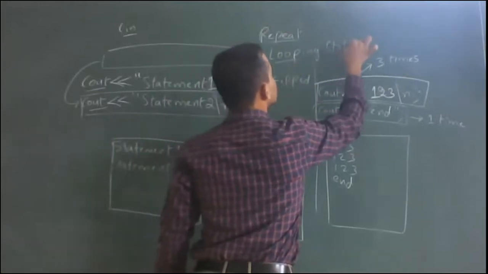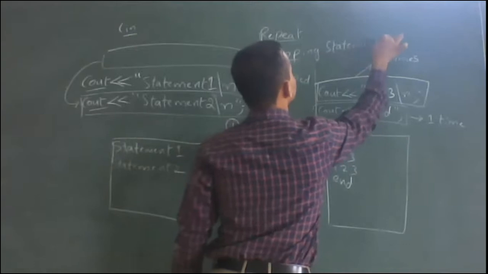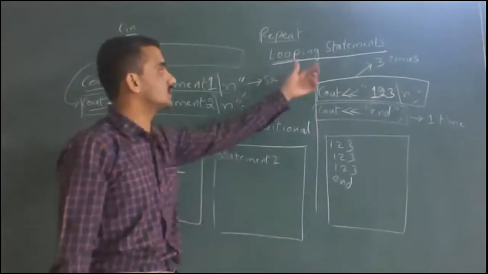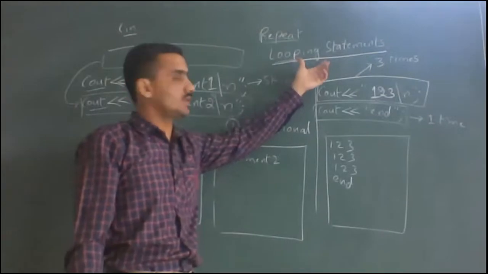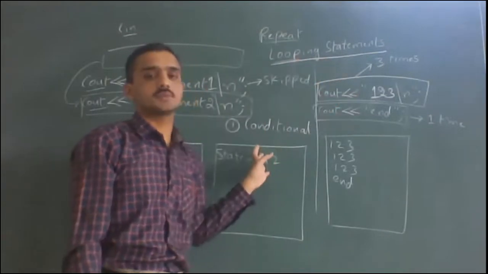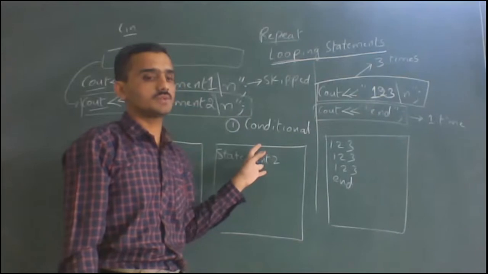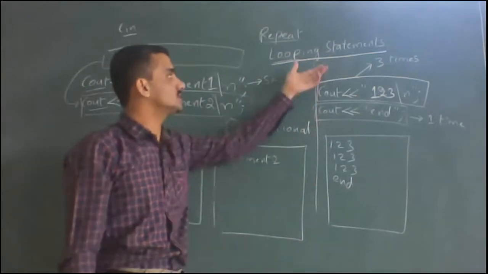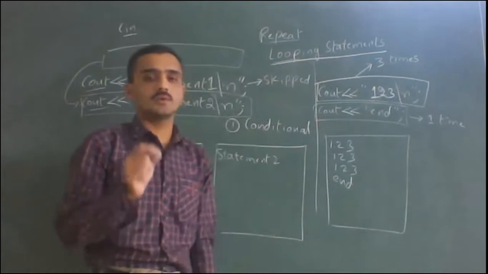This is the second category of control statements: the control statements used for repetition of execution of statements are called looping statements. Now let us discuss looping statements. I hope everybody got it.